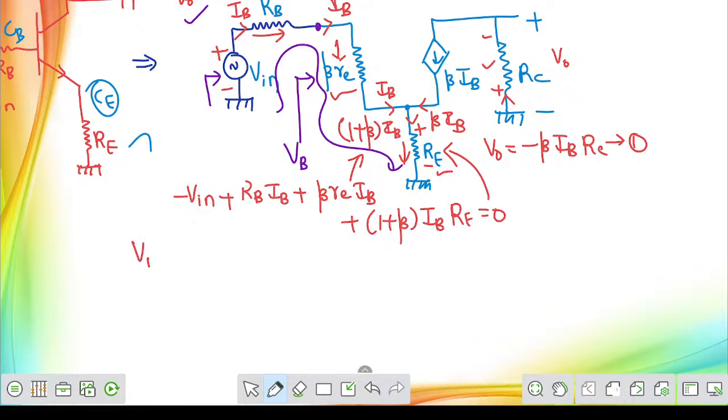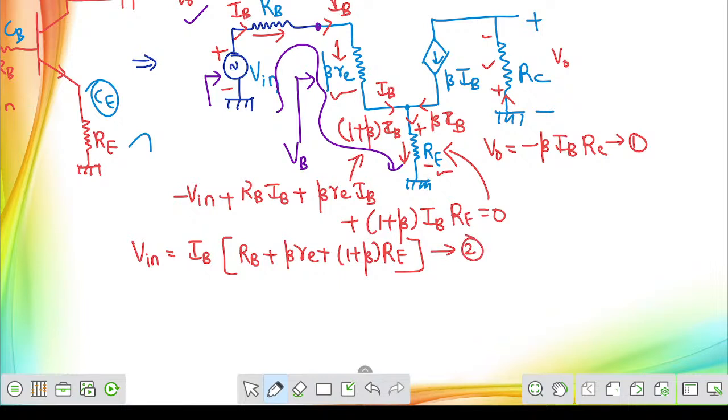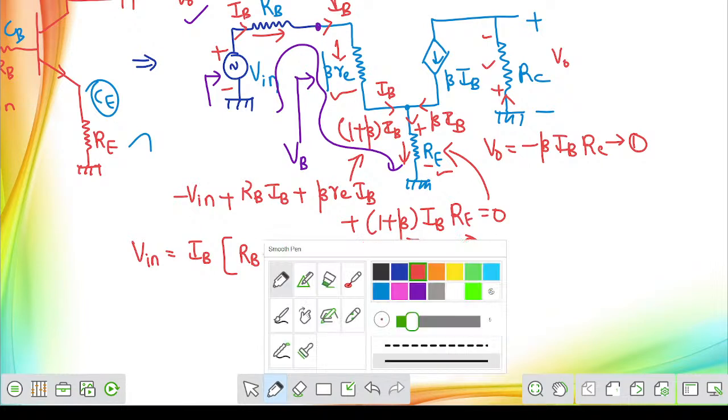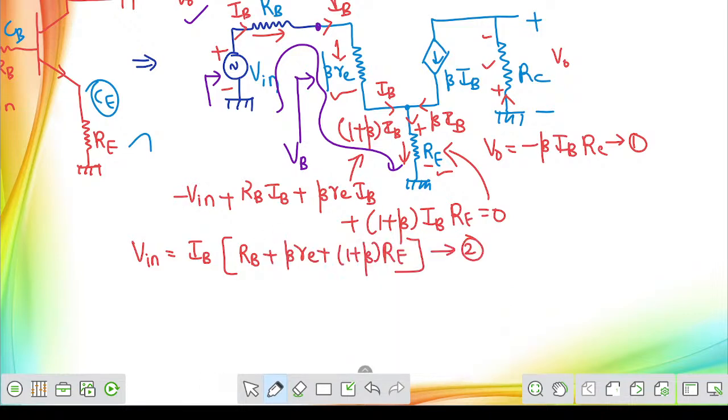Now from this I can write the input voltage Vin by taking base current IB as common outside. So this can be rewritten as base resistance RB plus beta times of RE plus 1 plus beta times of emitter resistance RE. Treat this one as your equation number 2. Now we know the value of input voltage expression. We also know the value of output voltage expression.